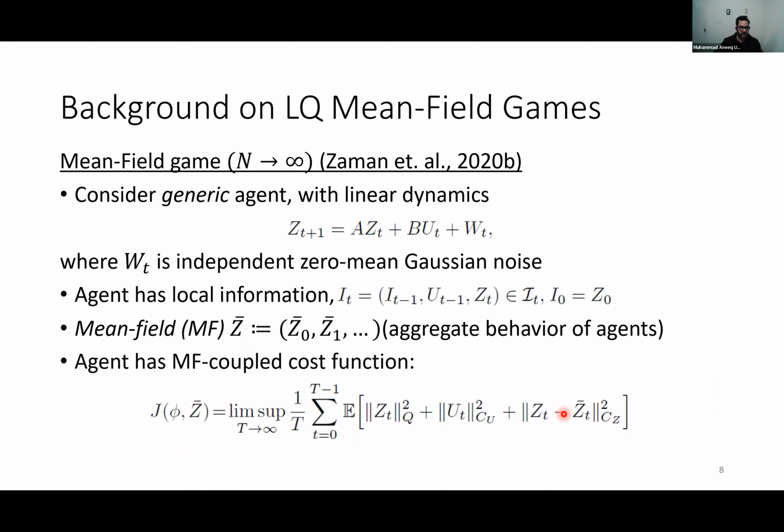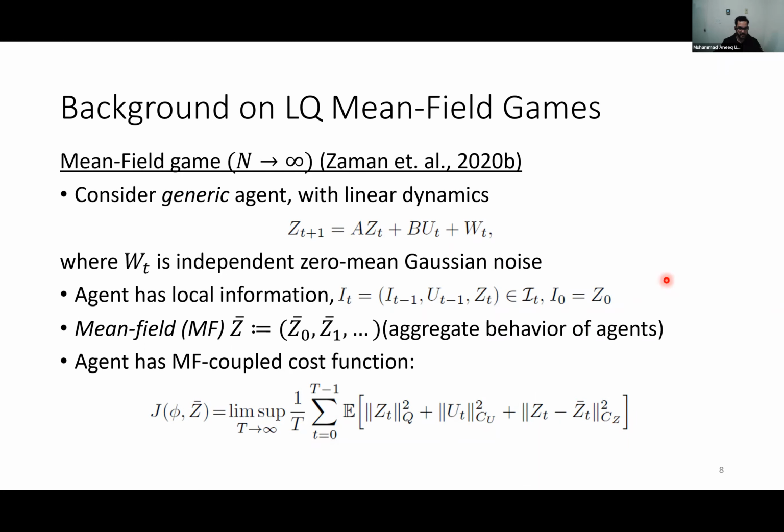Moving to the infinite game, the mean field game, now we only consider a generic agent, and we don't consider a particular agent. This is a generic agent in the population of infinitely many agents, and it has an independent zero mean Gaussian noise.